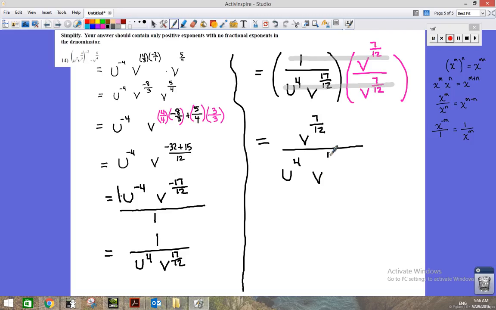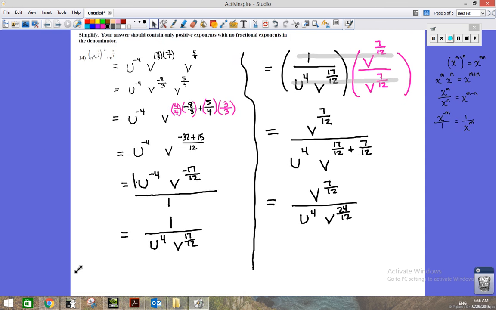So I have 17 over 12 plus 7 over 12. I have a common denominator, 12, so we can add the numerators together. And 17 plus 7 is 24. And 24 over 12 can be simplified to 2. 24 divided by 12 is 2.